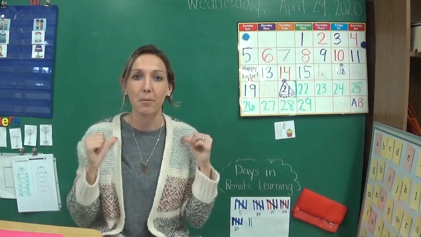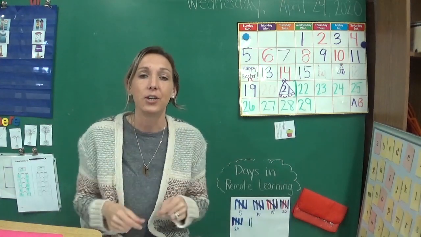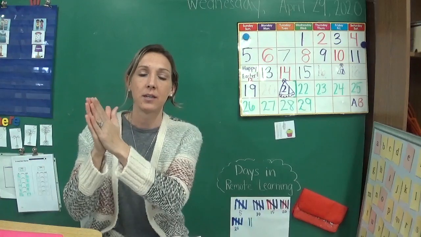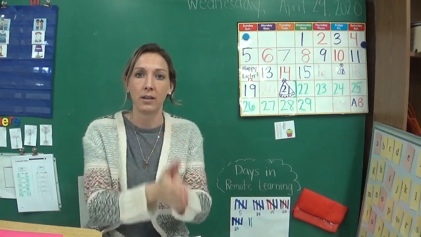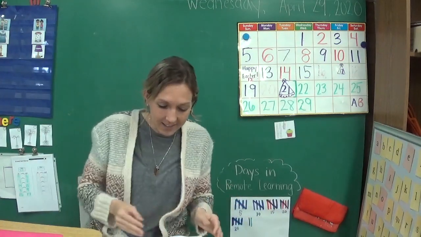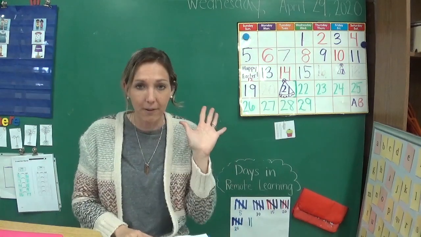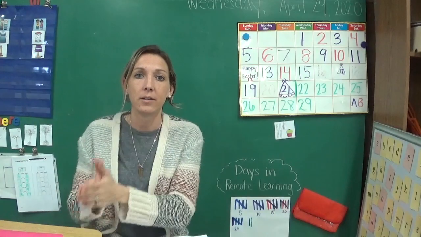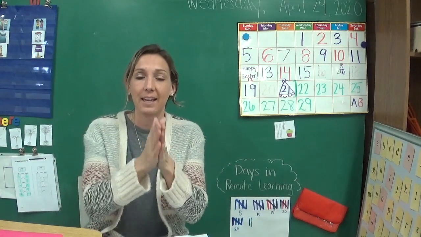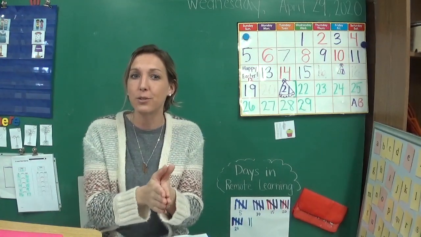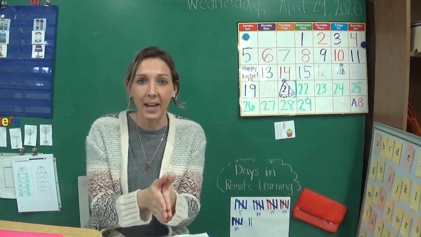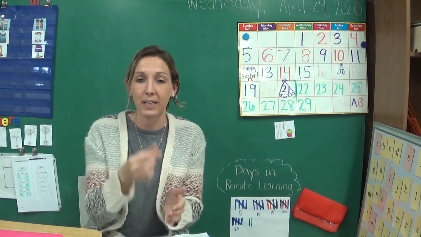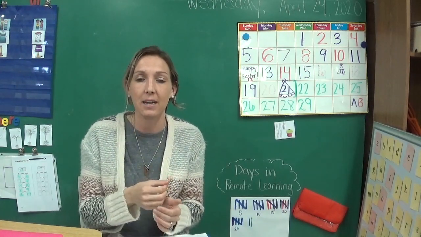Branch. I say it, you say it. Branch. Good, and let's chop the sounds. Excellent. Okay, so we have 5 sounds in branch, b, r, a, n. But there's 2, yes, good. So N, it makes the A sound a little funny because N's the nasal sound, that N in branch.